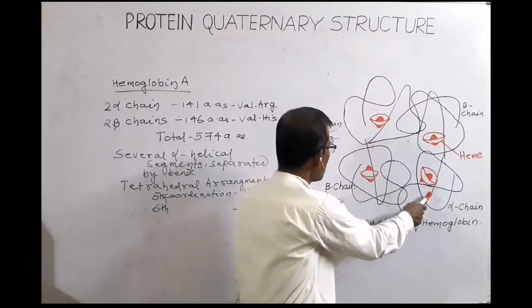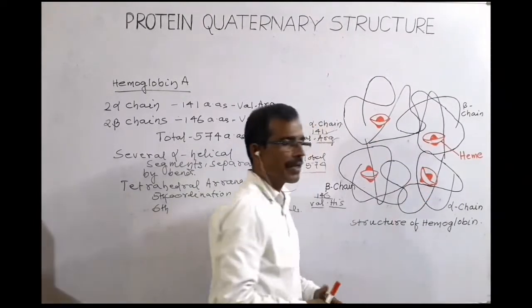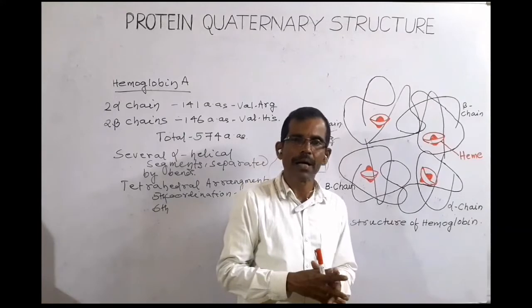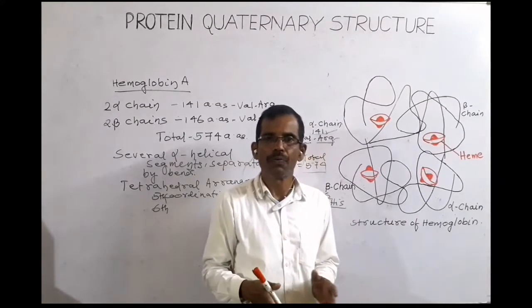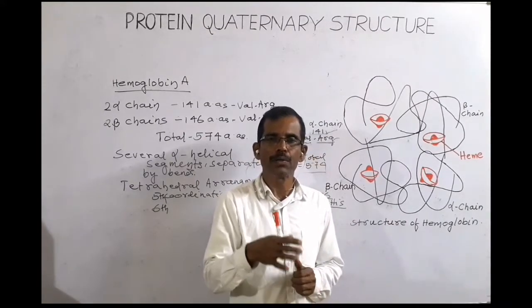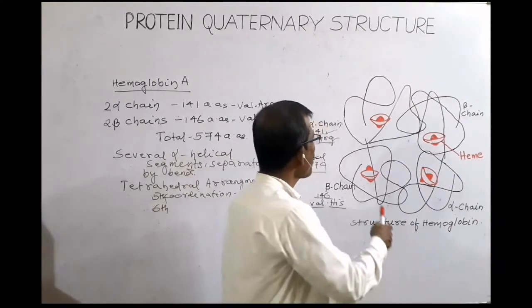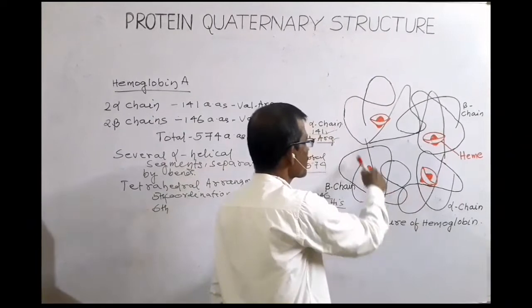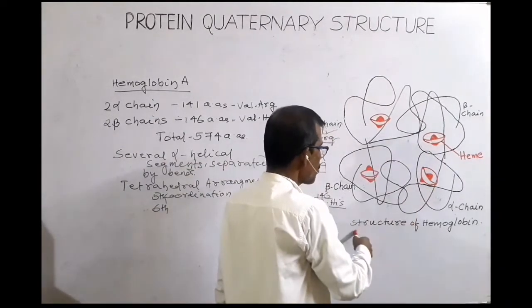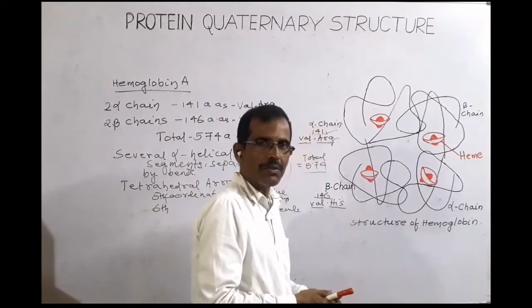These 2 alpha chains and 2 beta chains interact in a specific manner with the help of disulfide bond, hydrogen bond, hydrophobic bond and ionic bond to form a complex three-dimensional structure that is known as the quaternary structure.